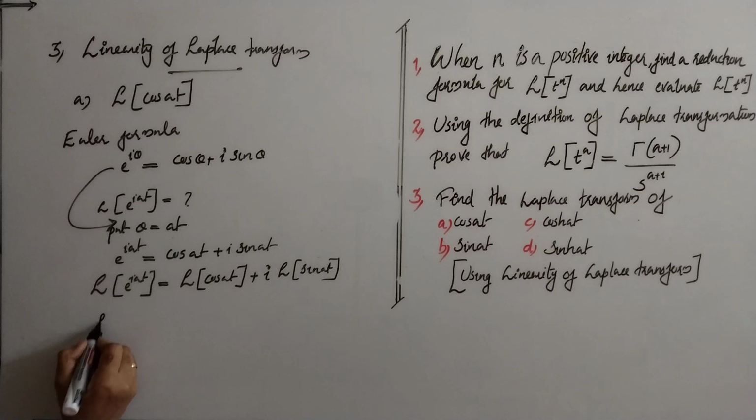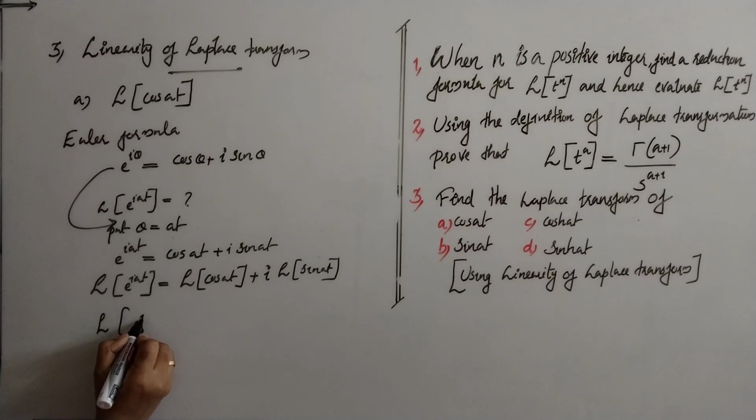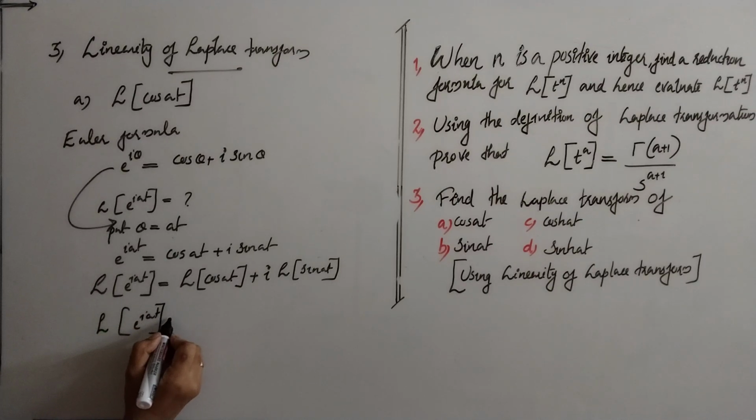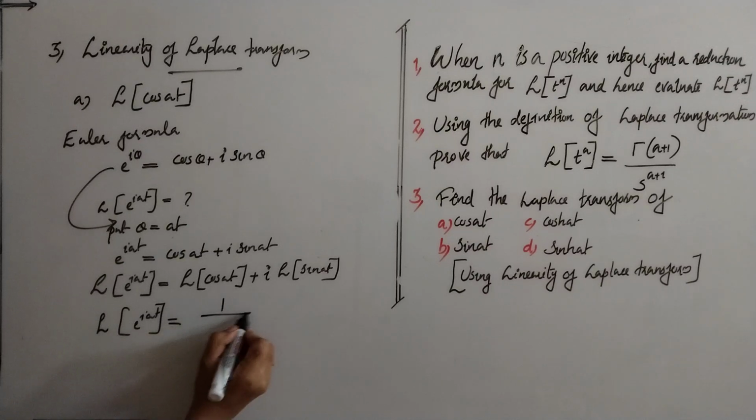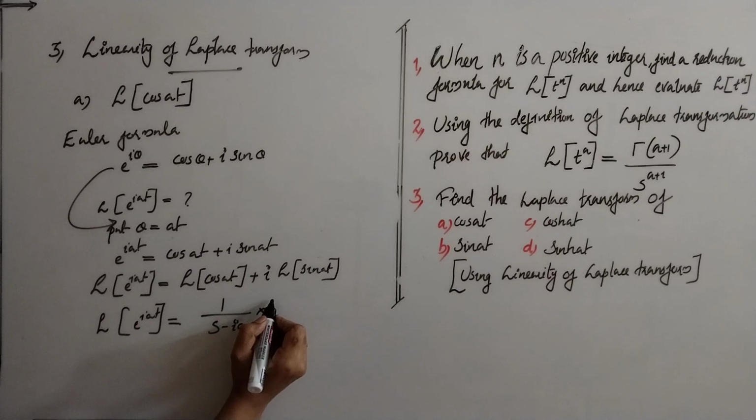And what is the Laplace transform of e raised to iat? That is 1 by s minus ia. Just multiply numerator and denominator by s plus ia.